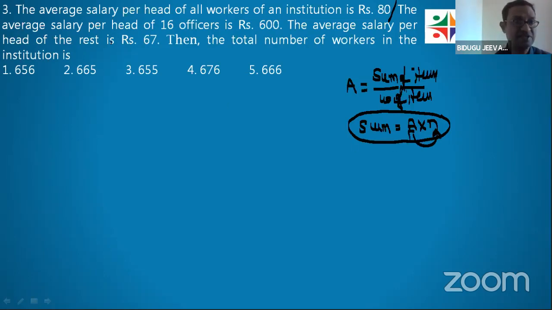Now, given in the question, the average salary per head of all workers. We don't know how many workers are there in the institution, right? So let us take N. For N members the average is 80 rupees. What is the sum? The sum is 80N. Continue.